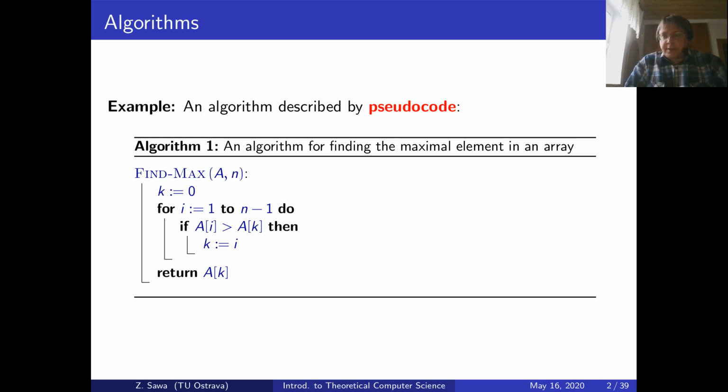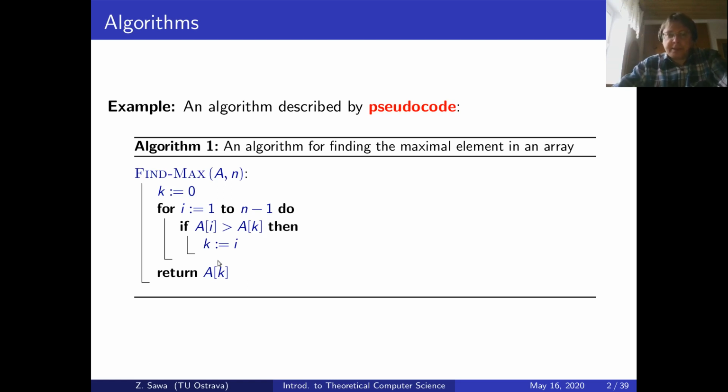Pseudocode resembles code in some programming language, but the main difference is that pseudocode is not intended for a computer to execute, but for a human reader that reads some text, like some article or textbook where some algorithm is described. So it's more structured than a description in natural language, but on the other hand there is no strictly specified syntax, so any kind of notation could be used.